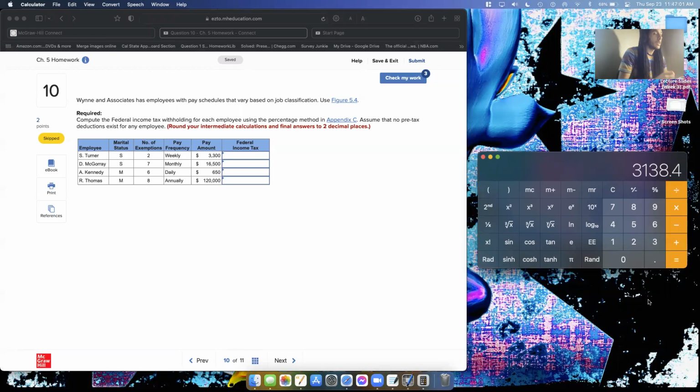So what does that mean? That means that's the range that S. Turner's taxable income lies within. So the next step is to take the taxable income of $3,138.40 and subtract by $1,692, as that is the excess over.